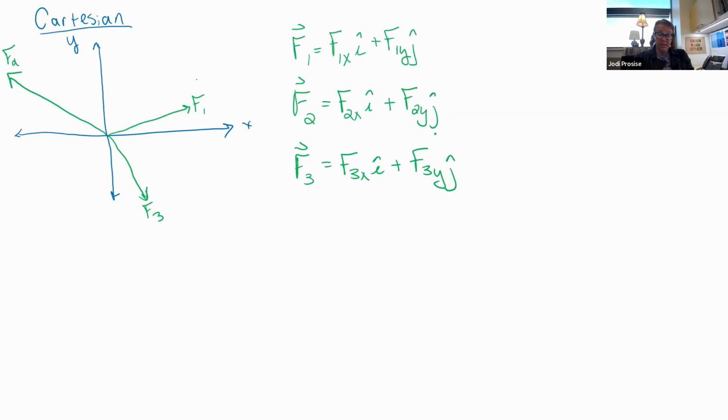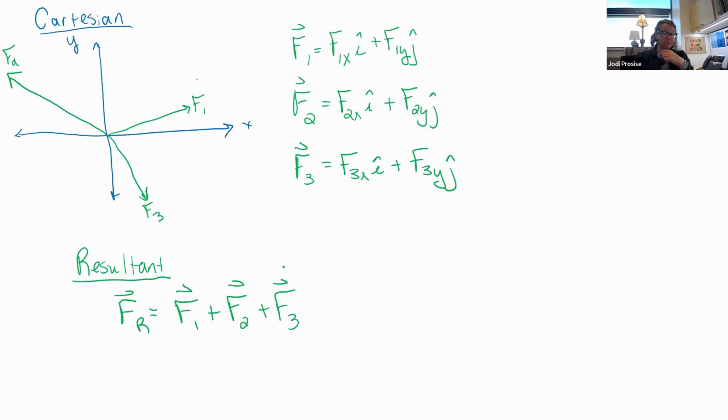So this can make it a lot easier, because then our resultant vector is equal to F1 plus F2 plus F3, which we've done before. We did that with the parallelogram law.